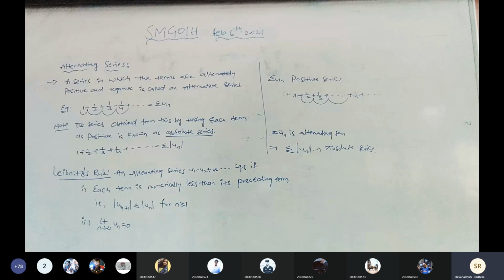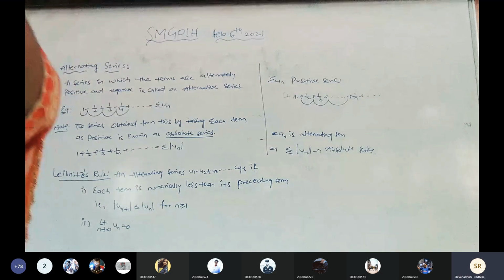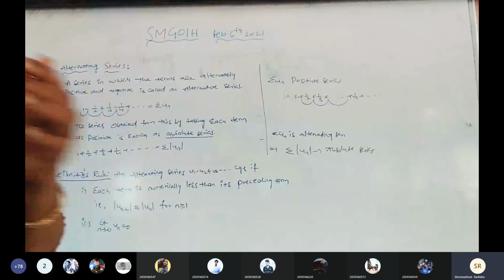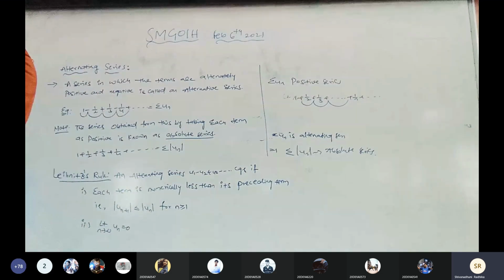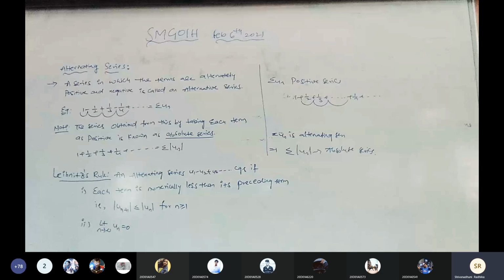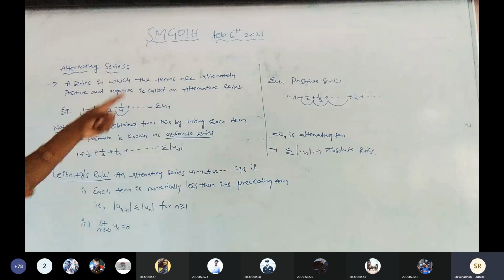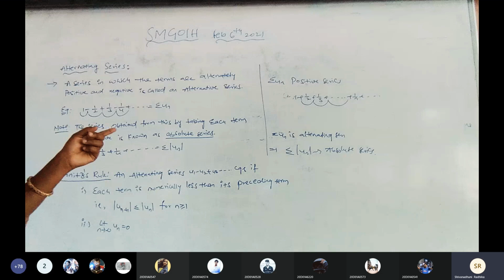One is absolute convergent, another one is conditional convergent. Is it clear? Is this one completed, all of you?